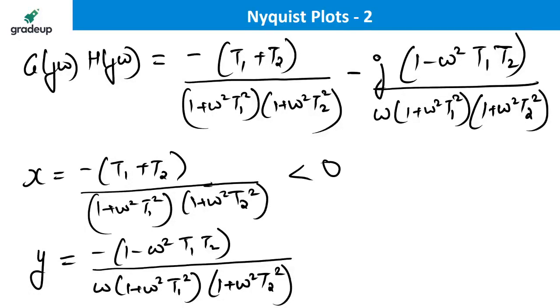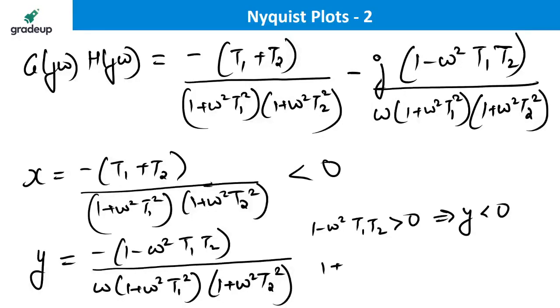no, we can't say it is third quadrant. y is not always negative because the numerator is of the form 1 minus omega square t1 t2. That means if 1 minus omega square t1 t2 is positive, so minus of positive, y will be negative.